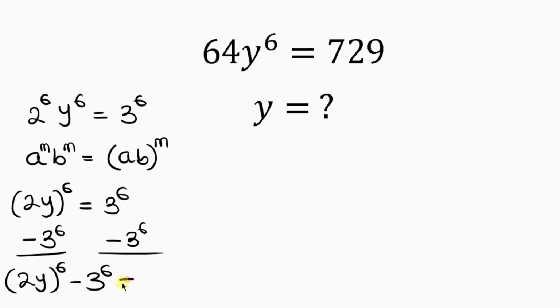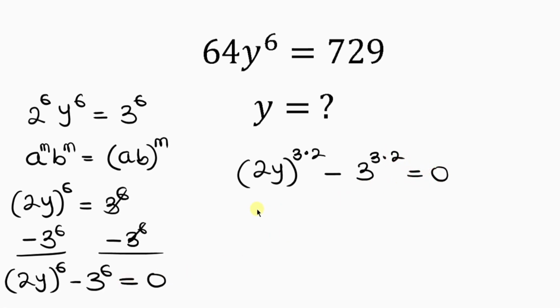And this is equal to, on the right hand side, 3 to the 6 minus 3 to the 6 cancels out, so leaving behind 0. Now notice that this expression is the same as 2y all raised to the 6 minus 3 to the 6, which is the same as 3 times 2. And this is equal to 0.